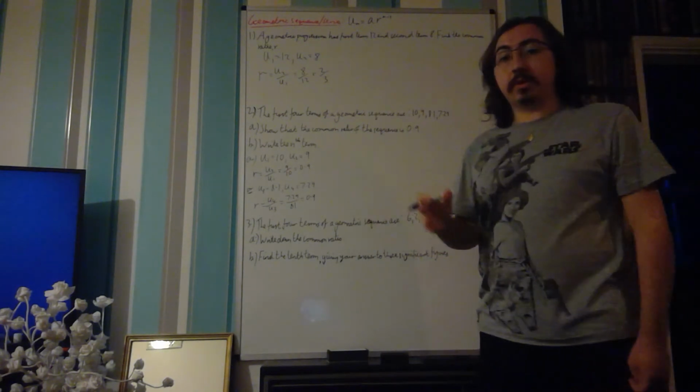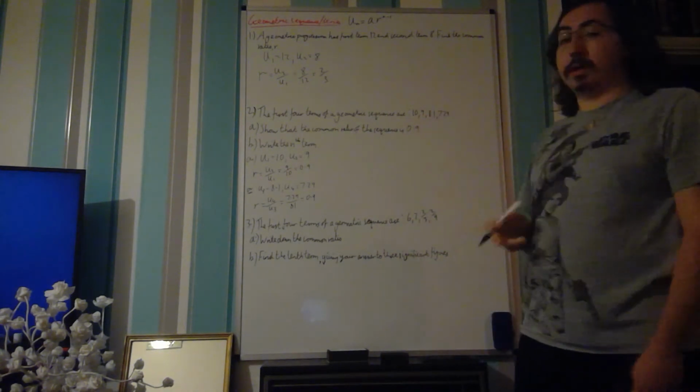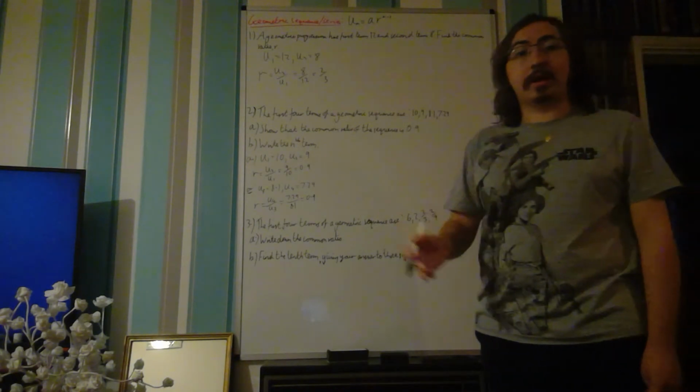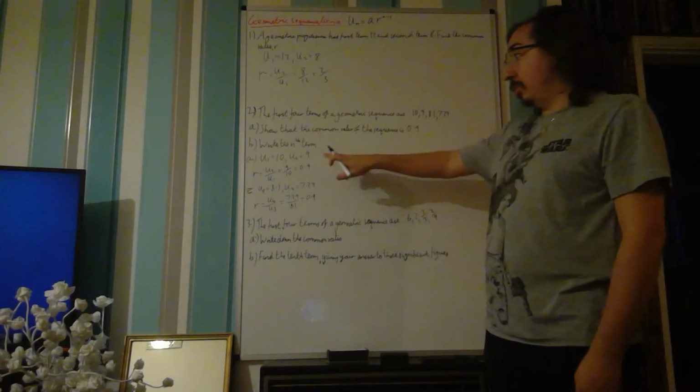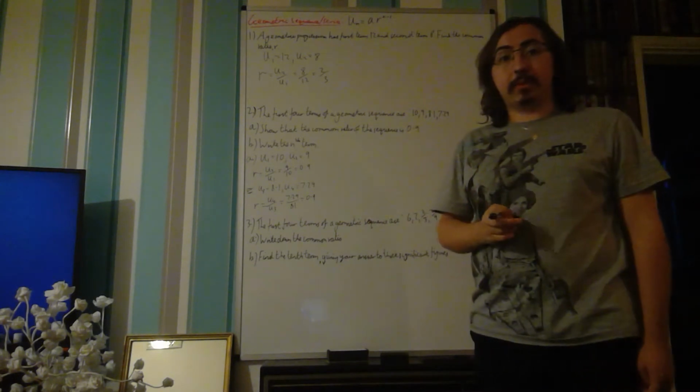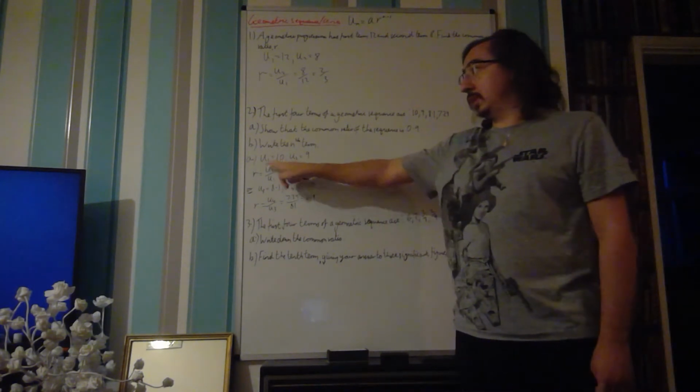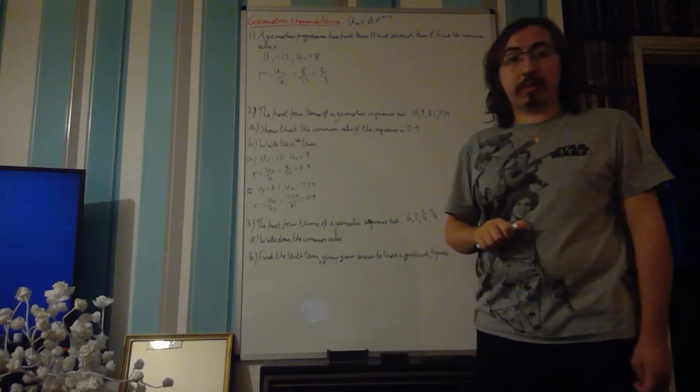So there are a few alternatives. You could do u3 divided by u2, so 8.1 divided by 9. Again, you'll get 0.9. Any of those would be correct, but the first one is probably the simplest. Just make sure you show this working of u2 over u1 if you're using that one.